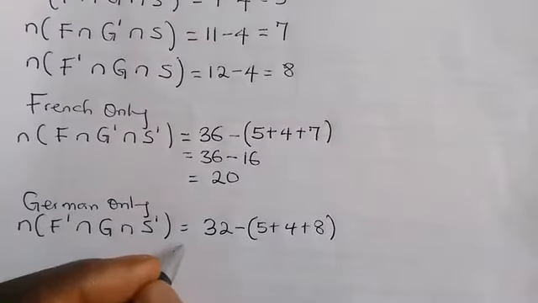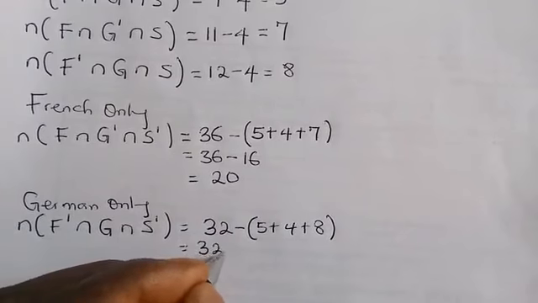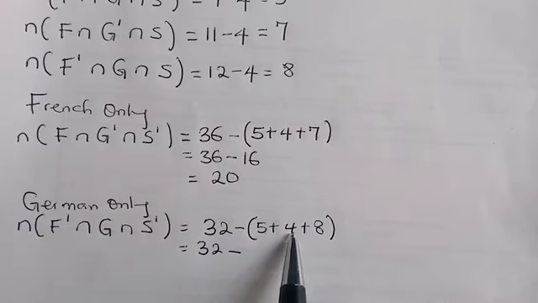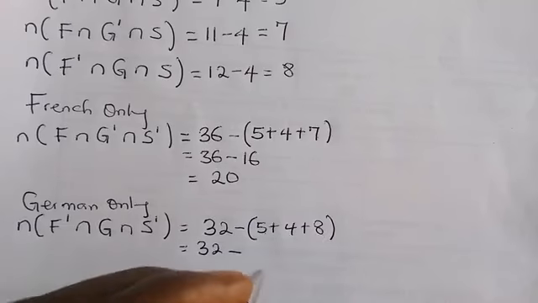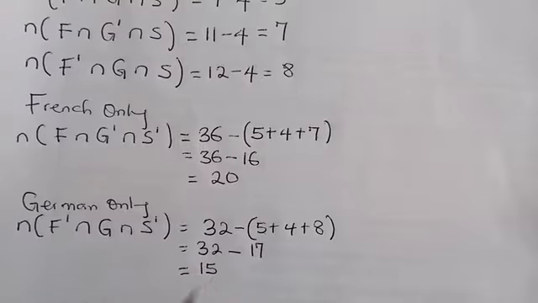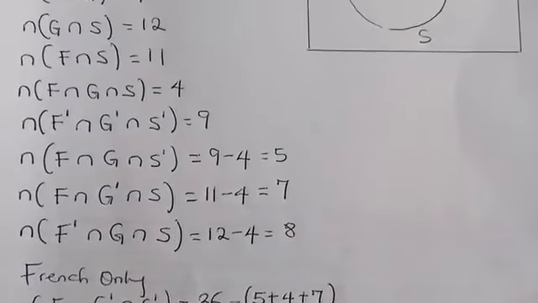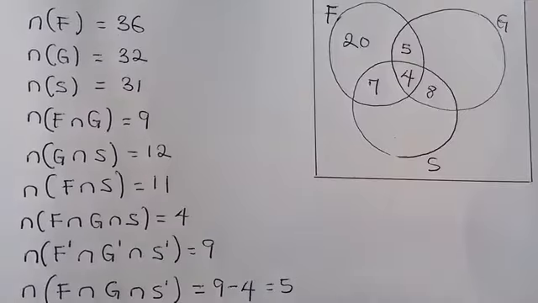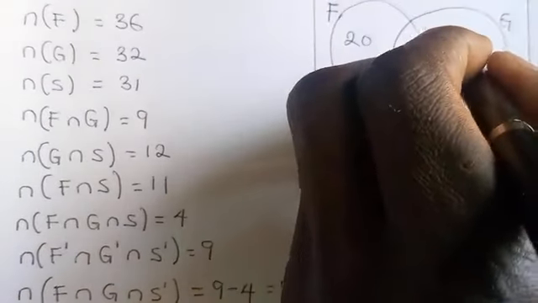And this is equal to 32 minus, 5 plus 4 is 9. 9 plus 8, we have 17. And 32 minus 17, we have 15. So 15 boys offered German only. So we'll come back to this German and write 15.